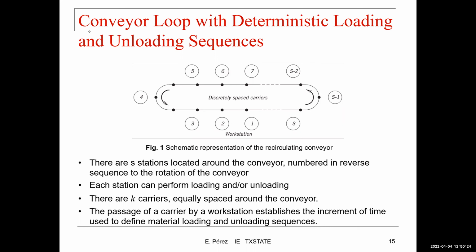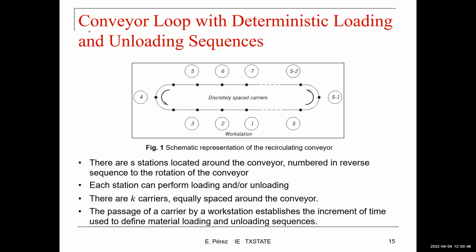And then around this conveyor path, which is moving counterclockwise in this case, you have some stations, right? So station 1, 2, 3, 4, 5, up to S. So you have a specific number of stations that you're going to have placed around the conveyor.